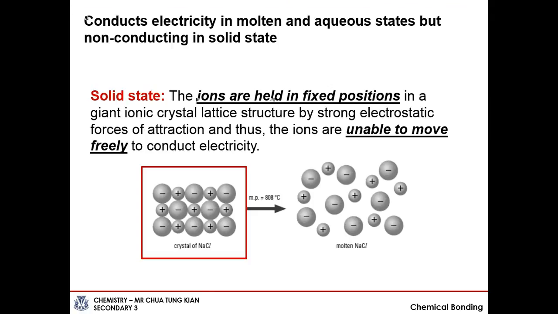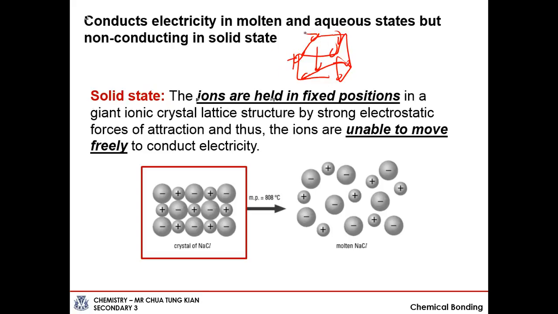The next property of ionic compounds is that it conducts electricity in molten and aqueous states only, but not in solid state. Why? If you recall the earlier diagram, the ionic lattice is actually a 3D structure. They are held in a fixed position. For metals, it conducts electricity because electrons can migrate. But if you recall, ions, plus and minus, are also charges.